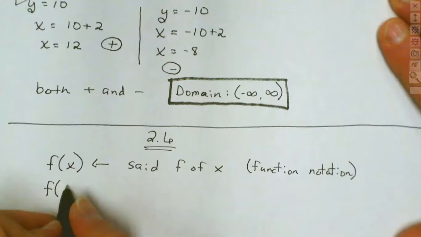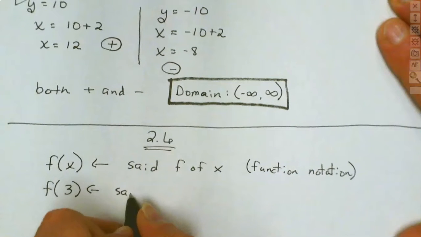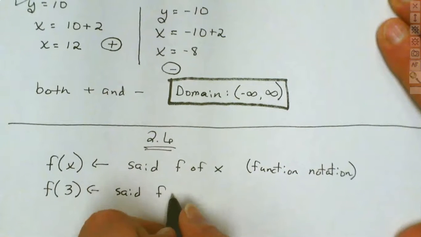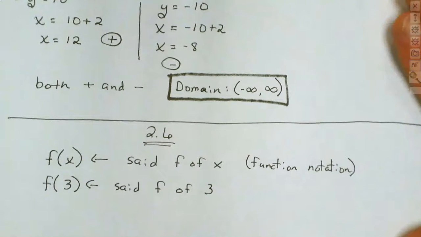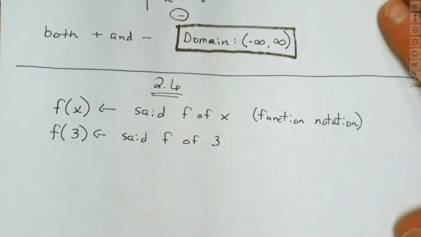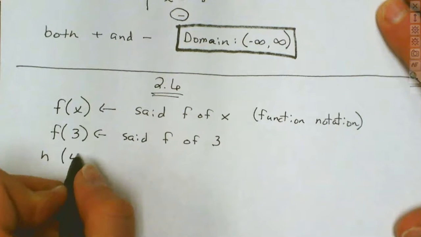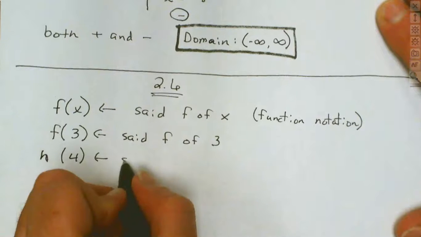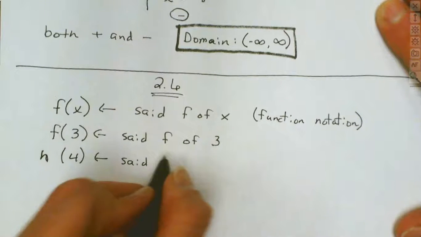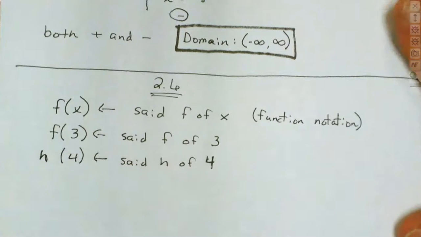F of 3, how would you say f of 3? Well, that would be said f of 3. And you could even have a different function than f. It could be, let's say, an h. So h of 4. How would you say h of 4? Well, h of 4 would just be simply said again, h of 4. So that's how you say them.